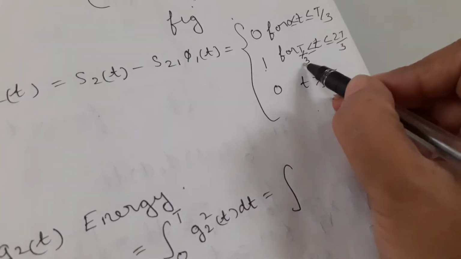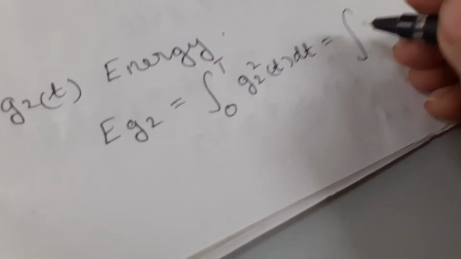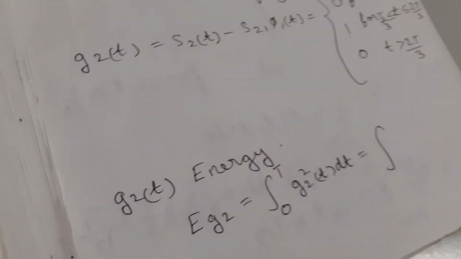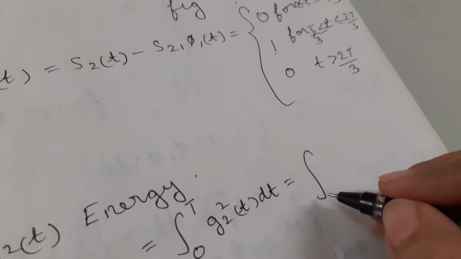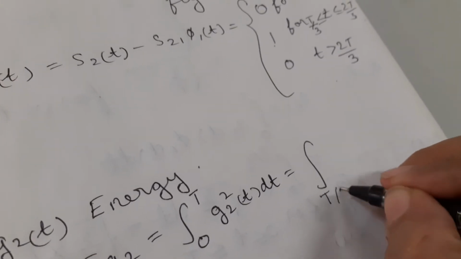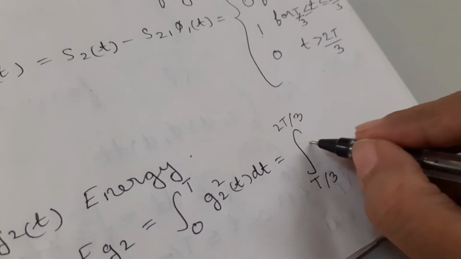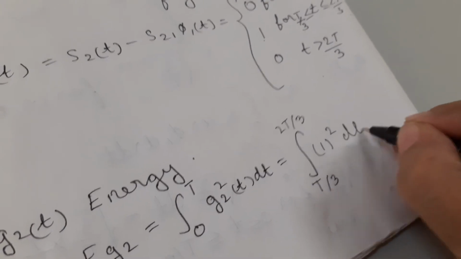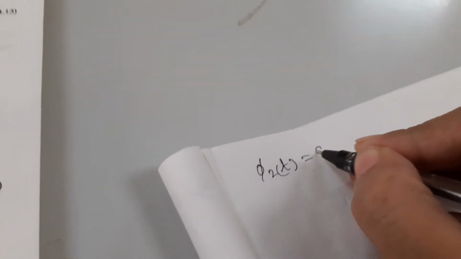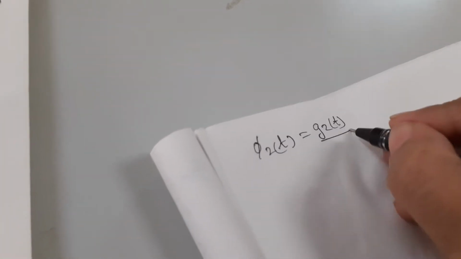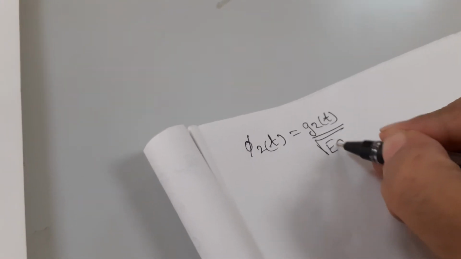We are getting 1, so we will use these limits for the value 1: where g2 of t is there, the limits are T by 3 to 2T by 3, and the value is 1 square dt. So from the above equation we can calculate phi 2 of t. This is g2 of t over root Eg2.